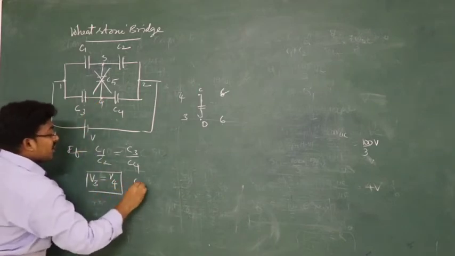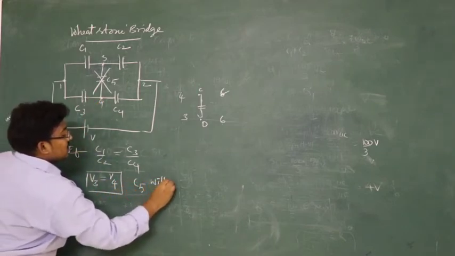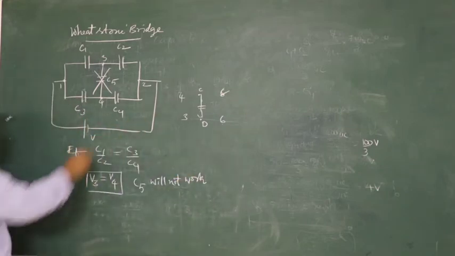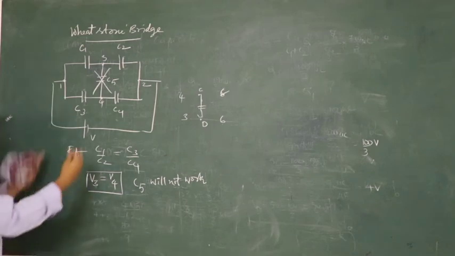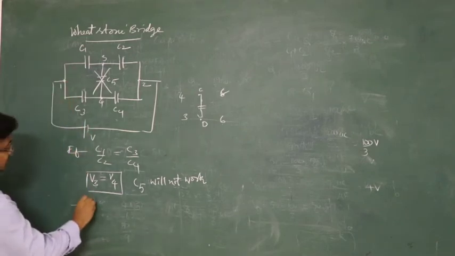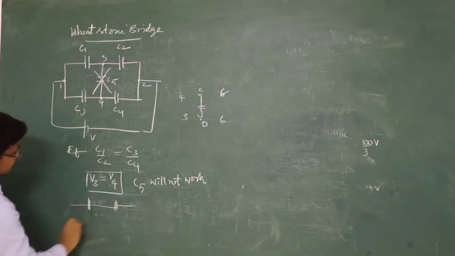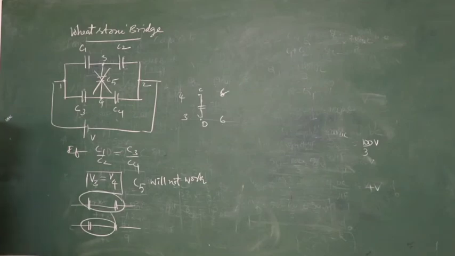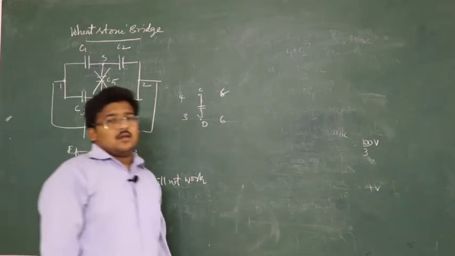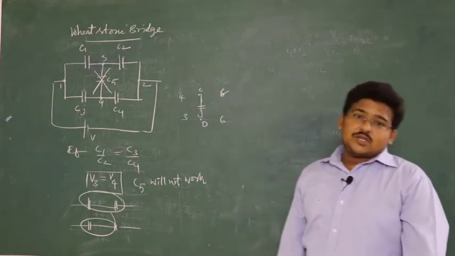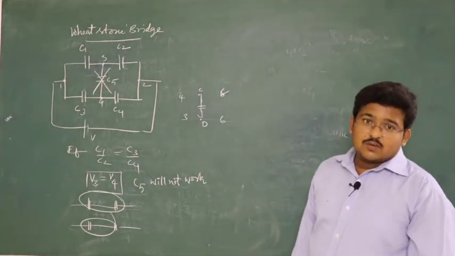Hence C5 will not work. Now you can remove it. Now the circuit becomes easy. This is C1, this is C2, this is C3, this is C4. These two are in series, these two are in series, and the remaining one is parallel. So you can solve that one. This is called a Wheatstone bridge. Okay?